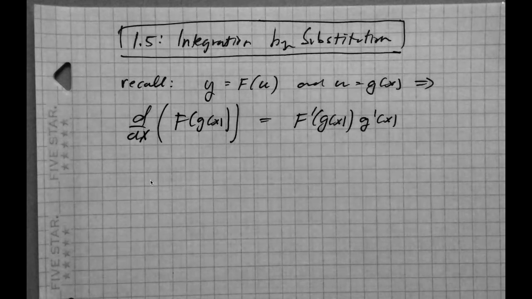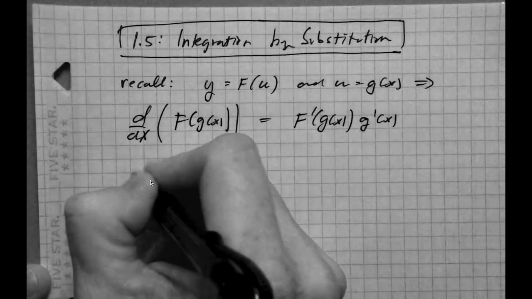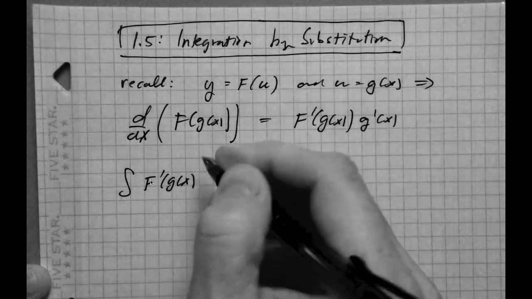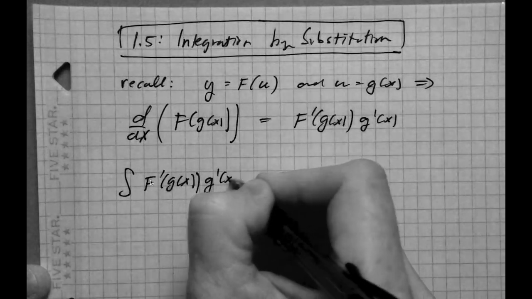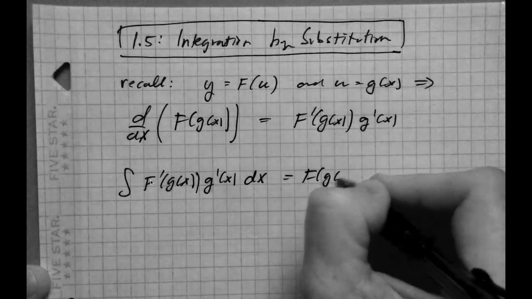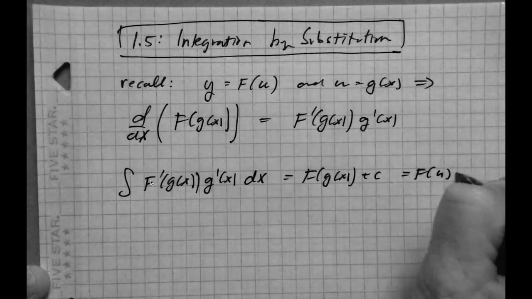So then the antiderivative definition implies that the integral of f prime of g of x times g prime of x dx should be equal to f of g of x plus c, which would be f of u plus c, right?